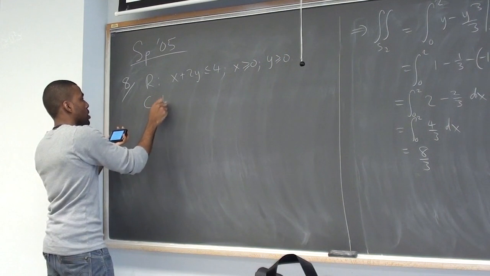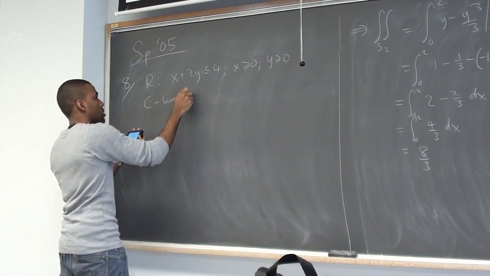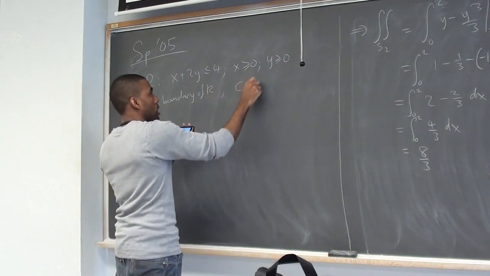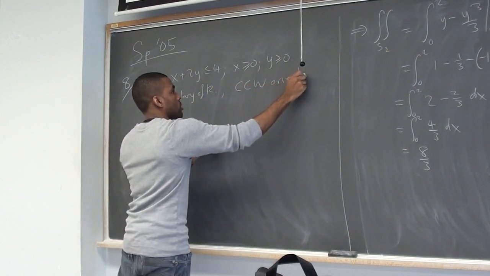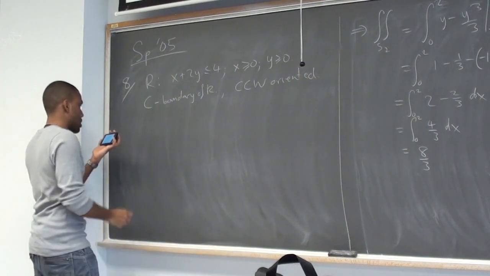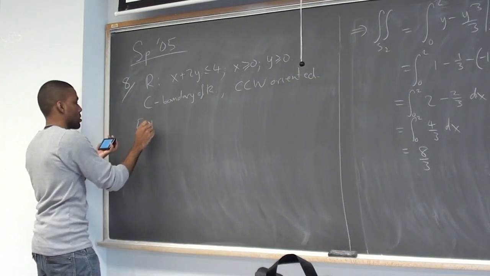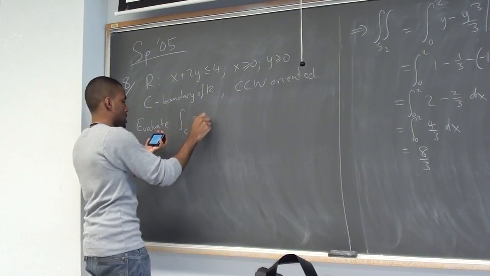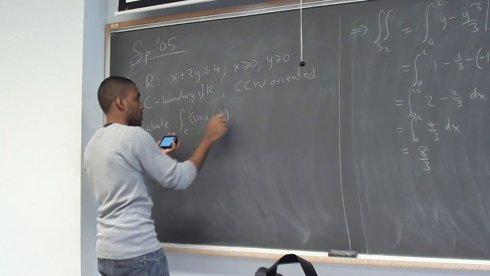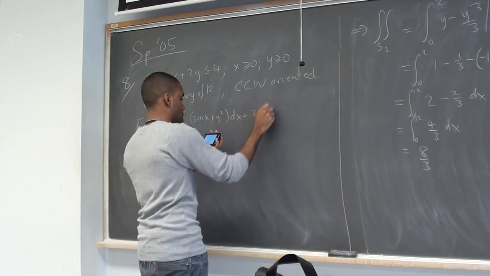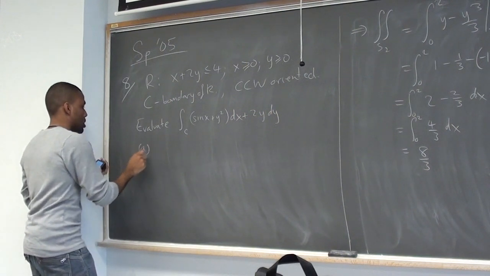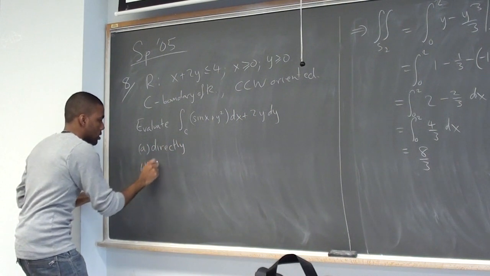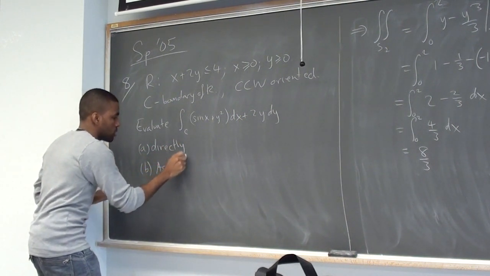C is the boundary of R, counterclockwise oriented, positive orientation, and we want to evaluate the integral of sine x plus y squared dx plus 2y dy directly as a double integral.